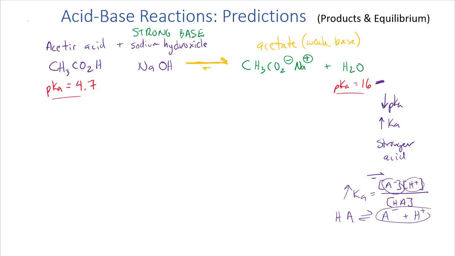So on that basis alone, we can say that because the pKa of our acid is less than the pKa of our conjugate acid, therefore we're going to have a forward favored equilibrium.